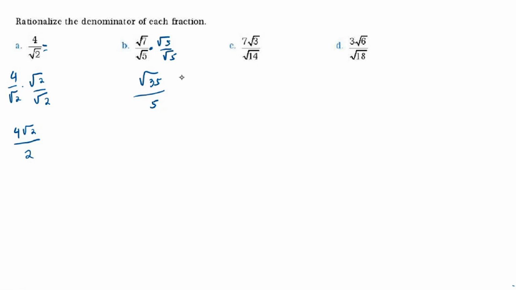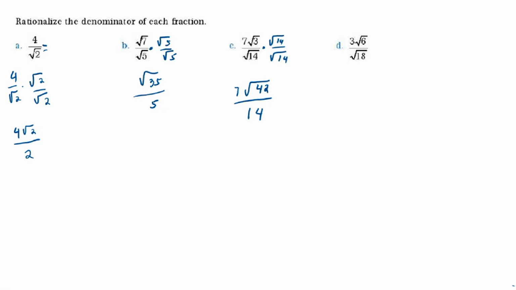So let's multiply this by square root of 14 over square root of 14. We have 7 times square root of 3 times 14, so we have square root of 42 over square root of 14 times square root of 14, which is just equal to 14. So the numerator now will give us 7 times the square root of 42.